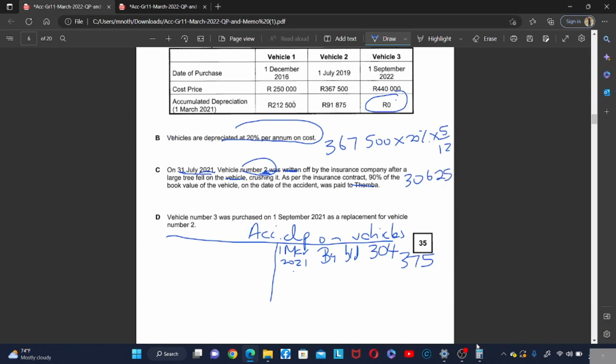So this means that before this vehicle was crashed, its depreciation was 30,625.